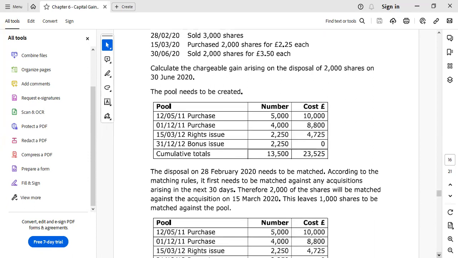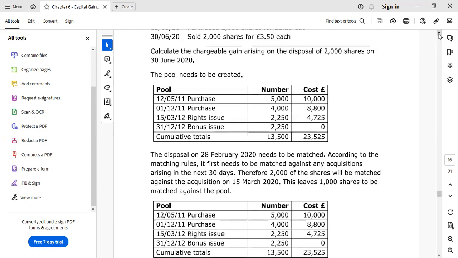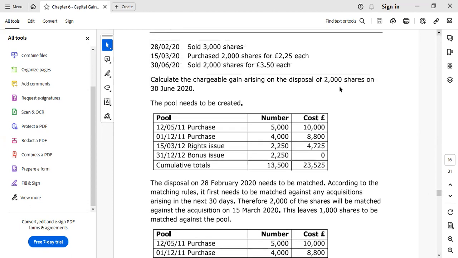So here is the answer now. How did we do this one? He sold 3,000 shares on 28th February and then purchased 2,000 shares. So 3,000 minus 2,000, actually they sold 1,000 shares. We need to match this one.